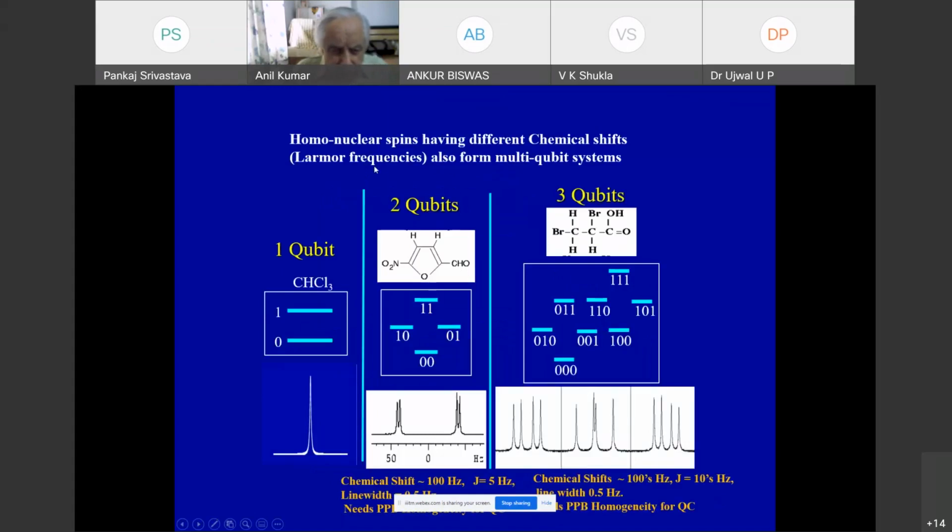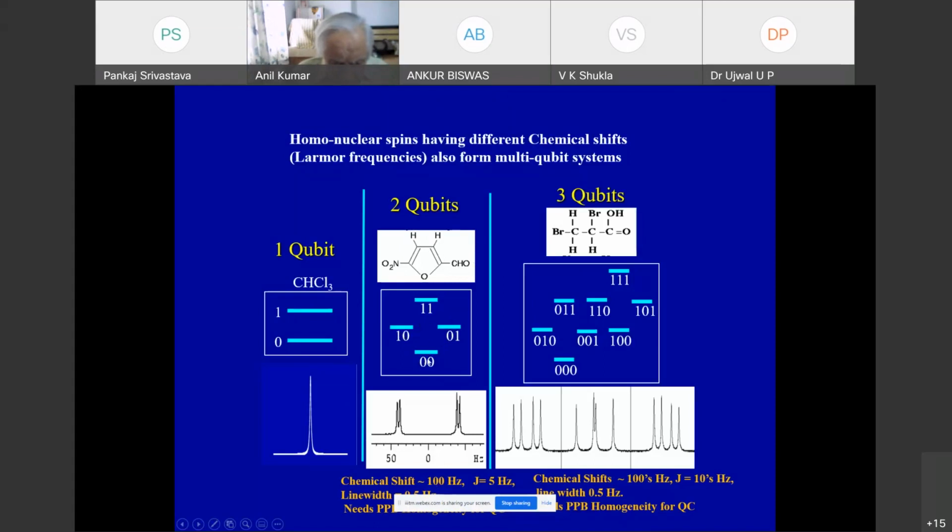Okay, that's heteronuclear spins. Protons also form multi-qubit systems. For example, if you take chloroform without enriching carbon, then it's a single spin, which is what we are looking at, and it's a 1-qubit system. Okay, and it has one line. Now take two protons. These two protons have a slightly different resonance frequency because their chemical environment differs, and therefore they resonate at a frequency difference of about 100 hertz, and the spectrum is given by this here. So these are four energy levels: 00, 01, 10, and 11.